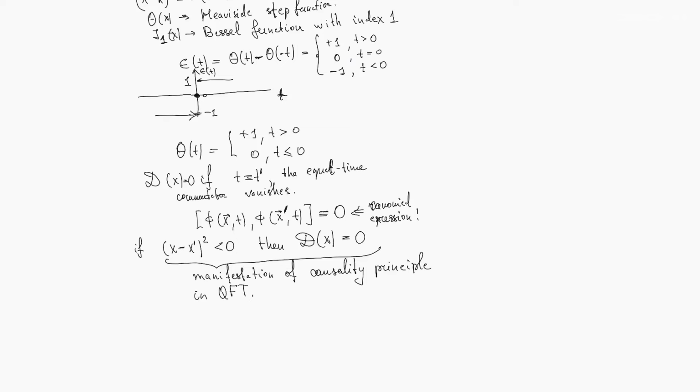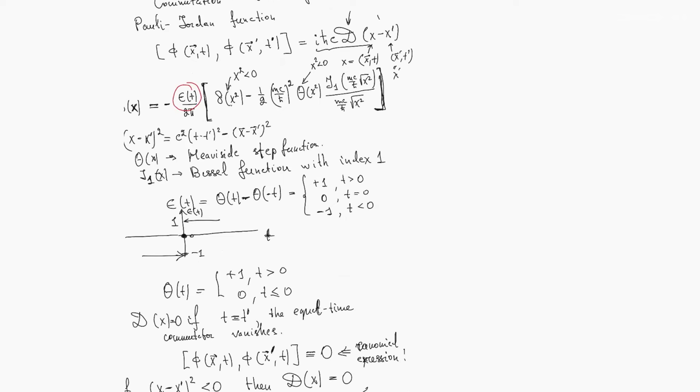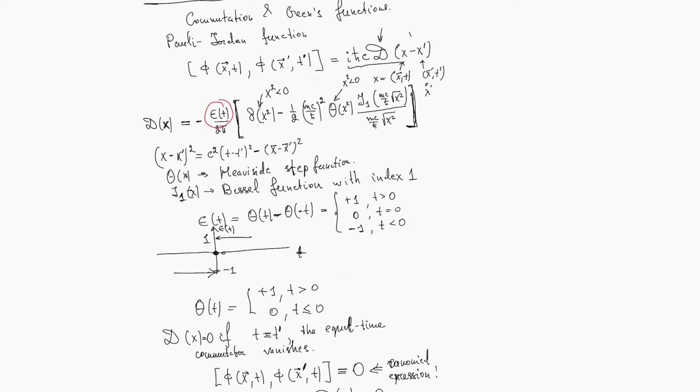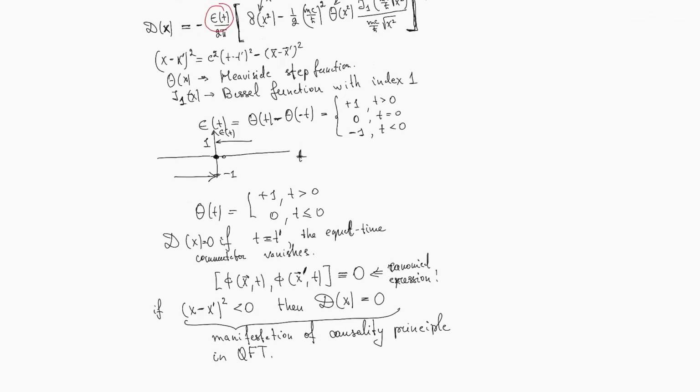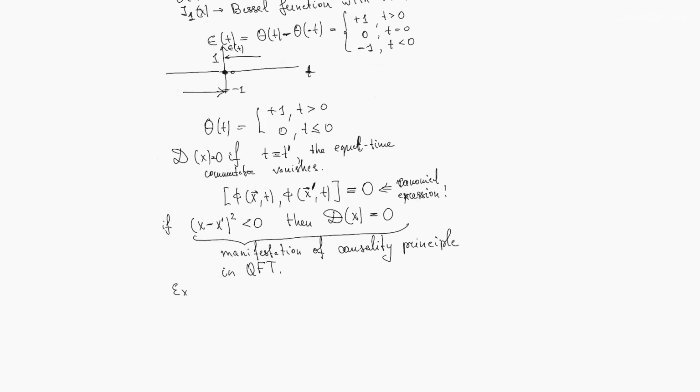Now, maybe a last comment about the explicit expression, which we are going to find by means of computation, is that expanding the Pauli-Jordan function around the light cone, we will find the following expression.